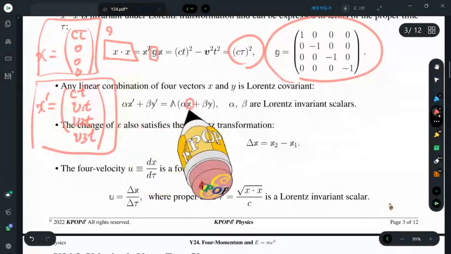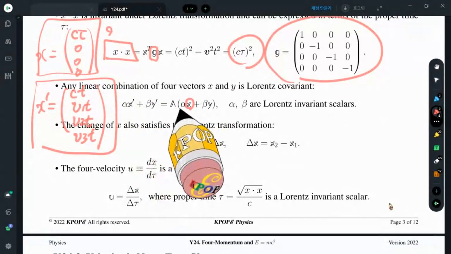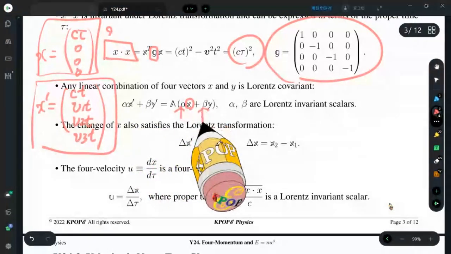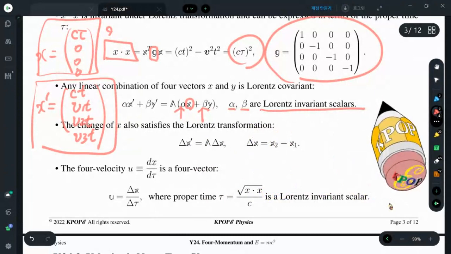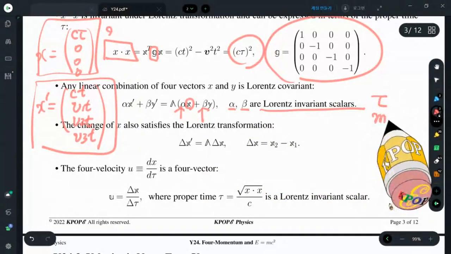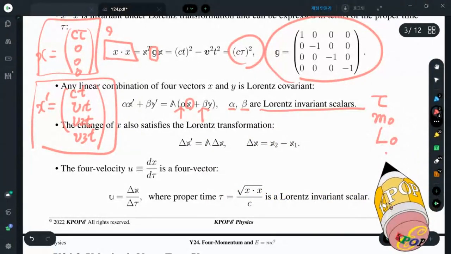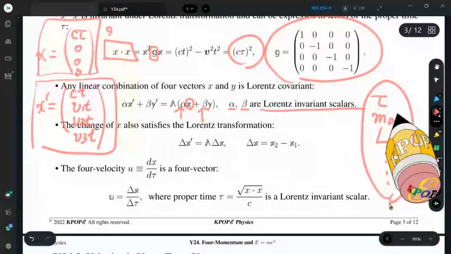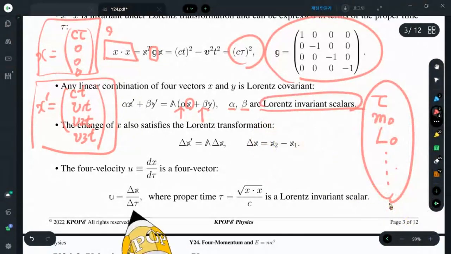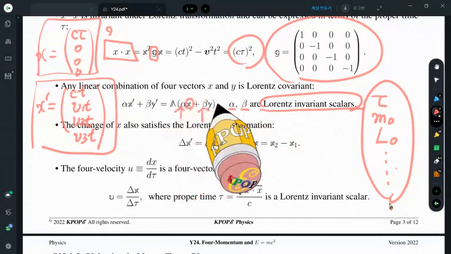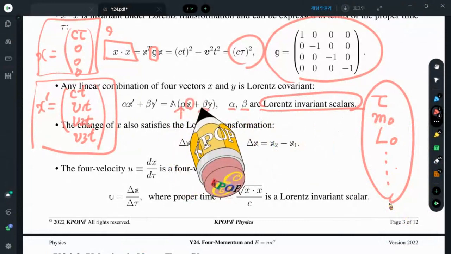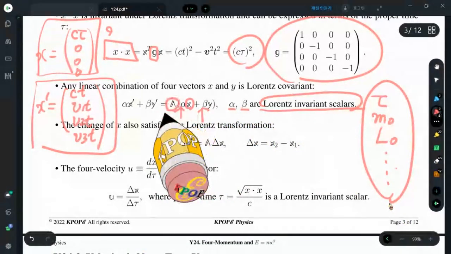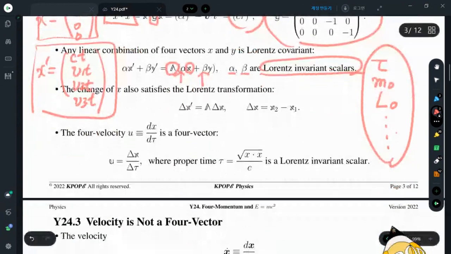If x is a four vector, and we have coefficients that are Lorentz invariant, something like τ, m0, l0, they are all Lorentz invariant scalars, then this linear combination of Lorentz four vectors also satisfies the same transformation rule on the Lorentz boost.